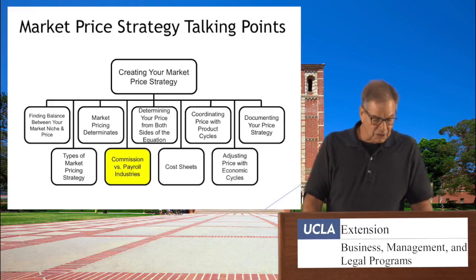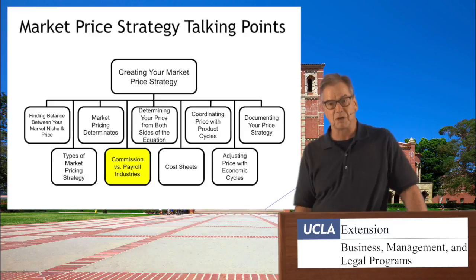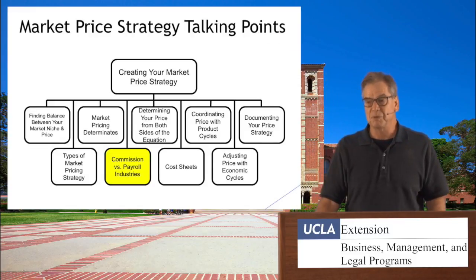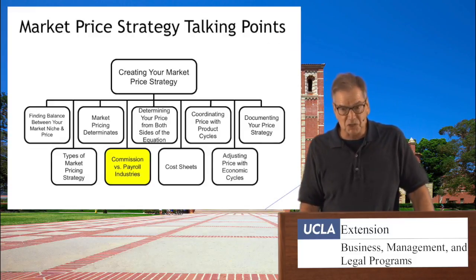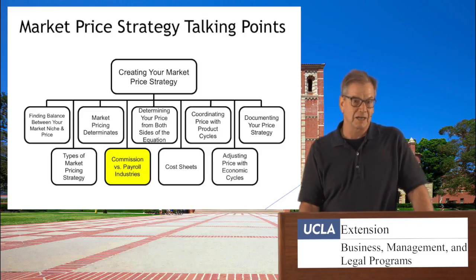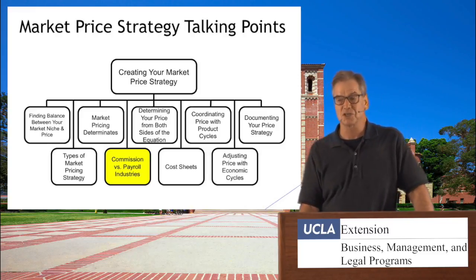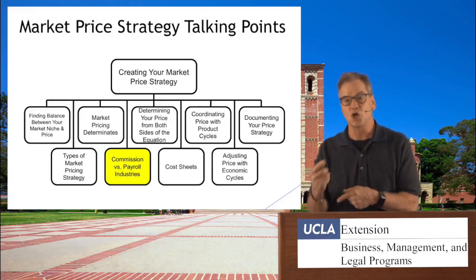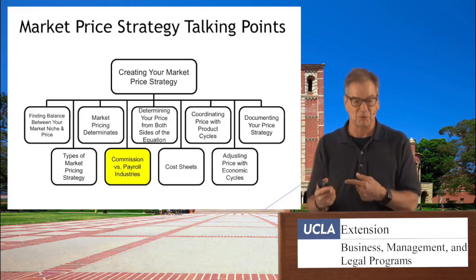The next talking point here is commission versus payroll type businesses. Businesses that are on commission usually don't have payroll, and commission is usually some form of negotiated or competitive bid type price system.